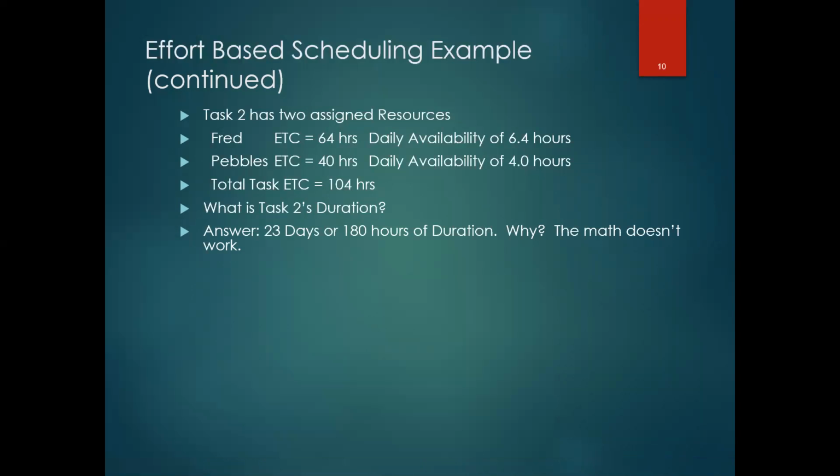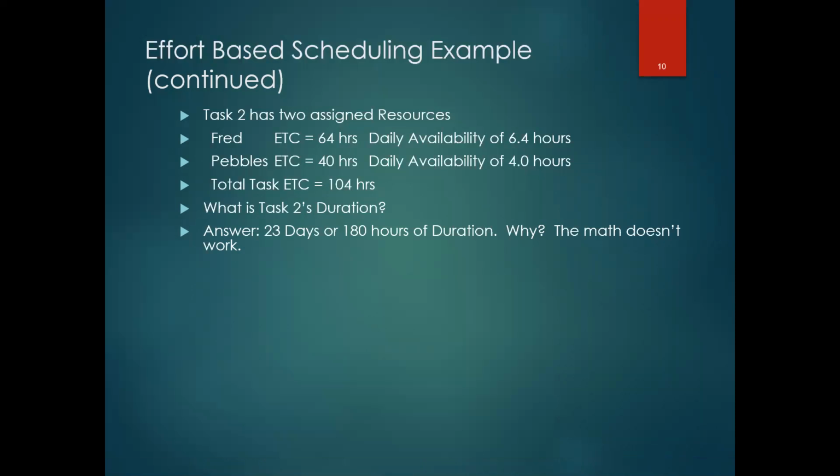And you go, whoa, wait a second, why? The math doesn't work. Well, this then gets back to the resource constraint. Remember, Fred was on the other task. He's already executing on that task. This particular task is going to take 23 days because Pebbles is not constrained, so she can do her portion of the task.